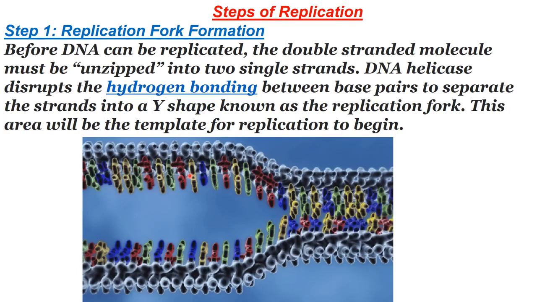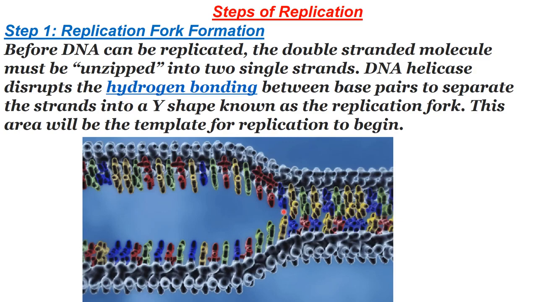So you can see here, this is a double-stranded DNA, and from this region the two strands of DNA have been separated. These are nitrogenous bases, joined together like this by hydrogen bonds.